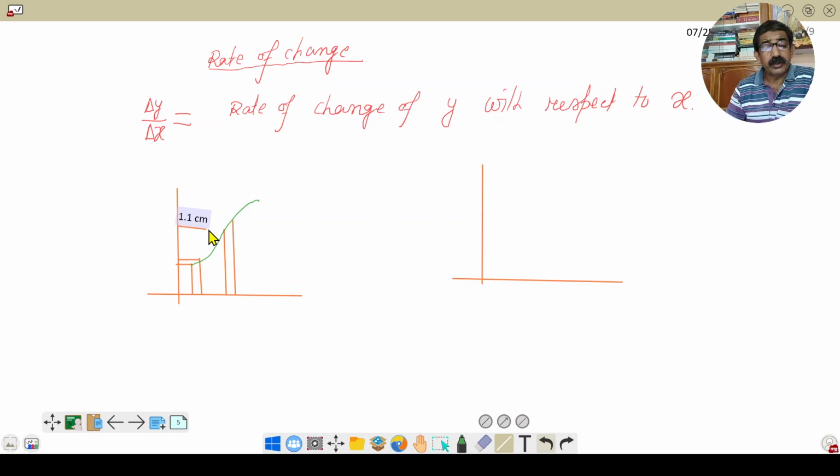When we find the value of delta y, this delta y is a considerably higher value.